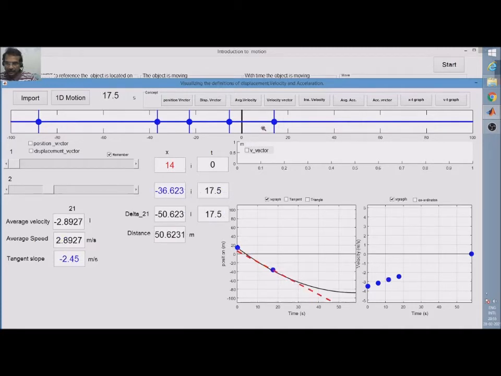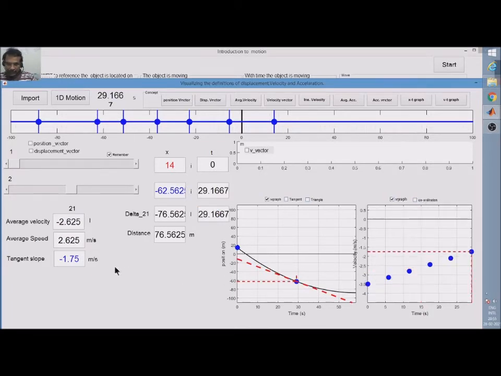We can observe the physical distance. It is becoming smaller and smaller. And at t equal to 29.16 seconds, the instantaneous velocity is -1.75.